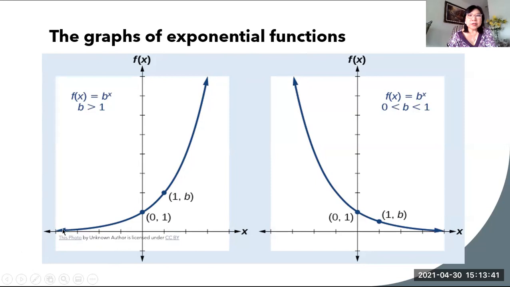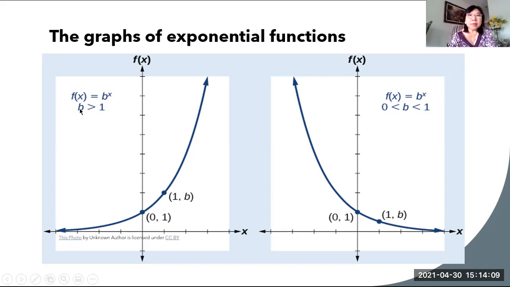The y function starts very close to the 0 value, never touching the x-axis, so it does not equal 0, but it's 0.0001 something. And then it keeps growing to positive infinity. And therefore, this graph we call an exponential growth.